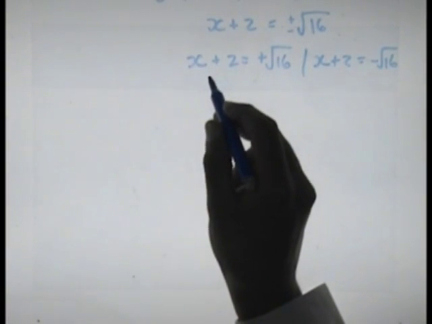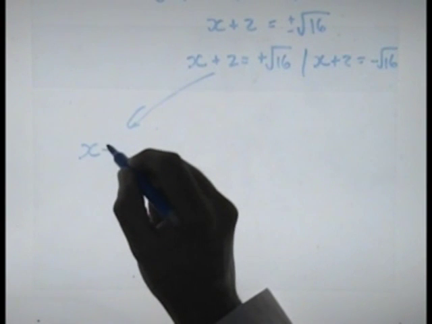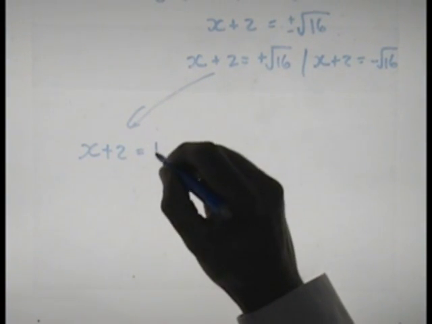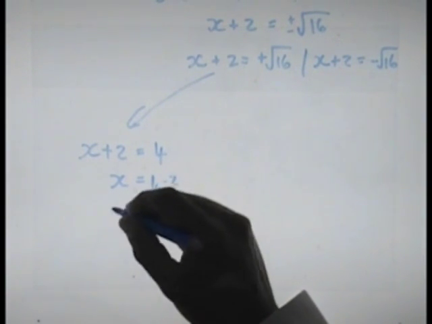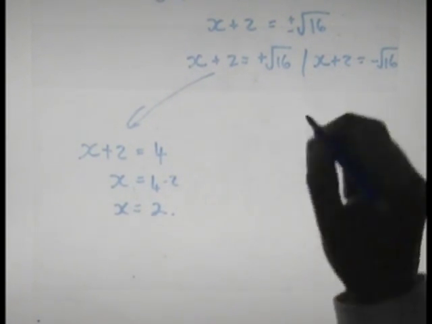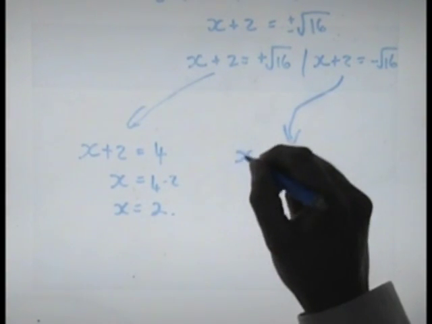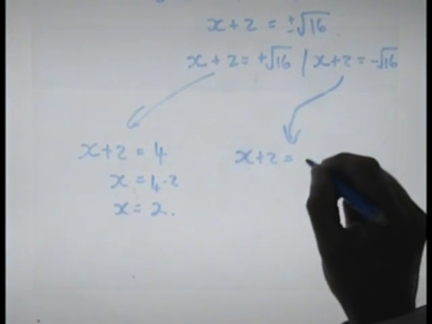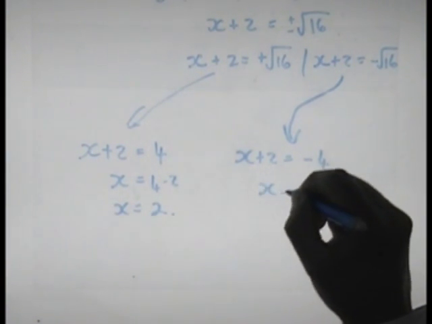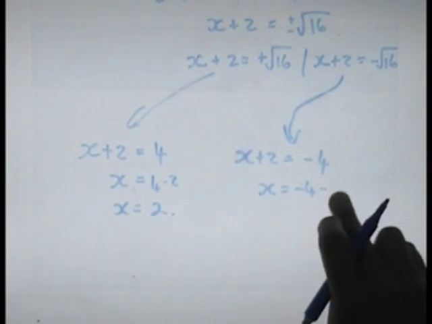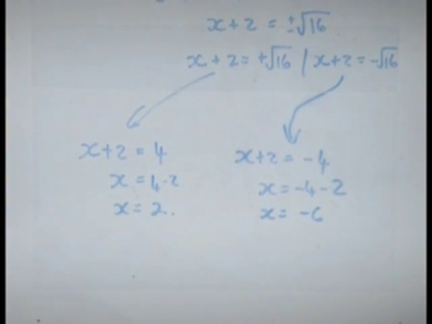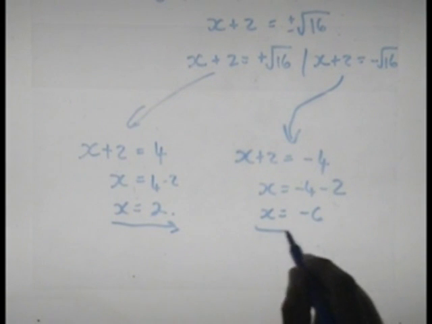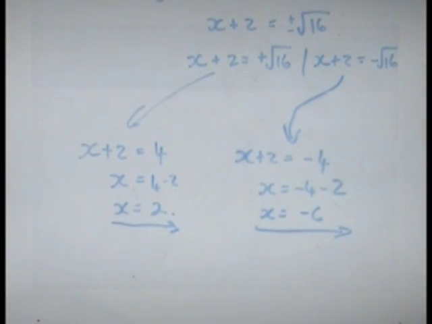That means that x plus 2 is equal to positive 4, so x is equal to 4 minus 2, which is equal to positive 2, or x plus 2 is equal to negative 4, which means that x is equal to negative 4 minus 2, which means that x is equal to negative 6. Notice my two answers, x is equal to 2 and x is equal to negative 6, are the same two answers I got from factorizing.